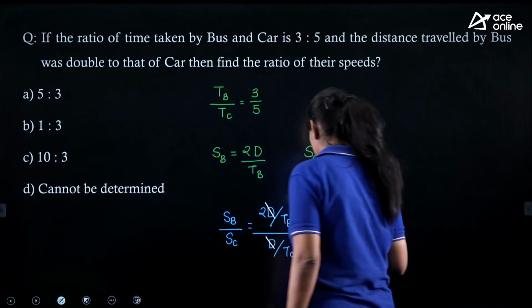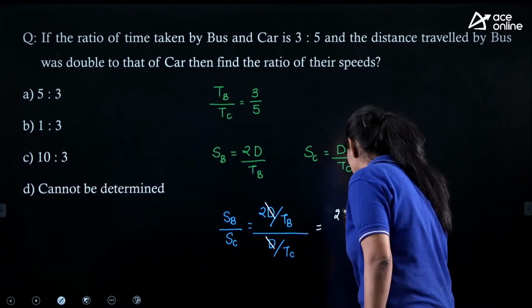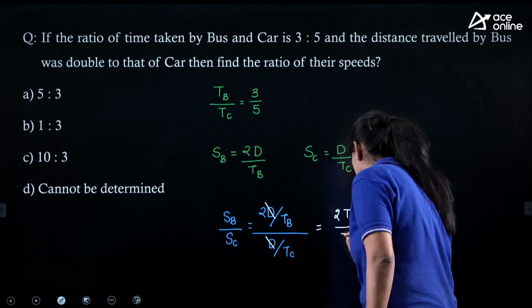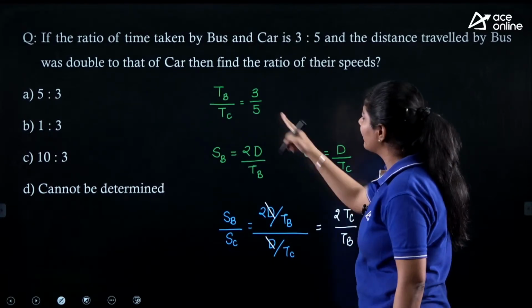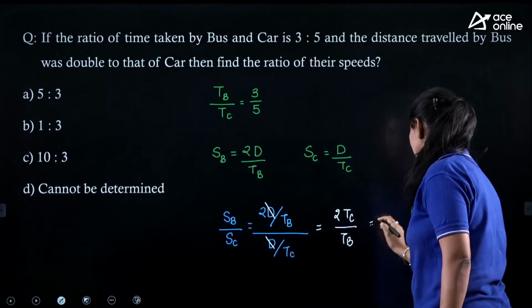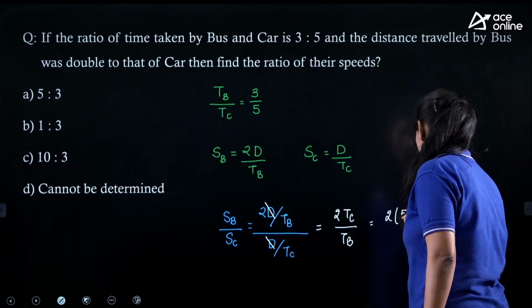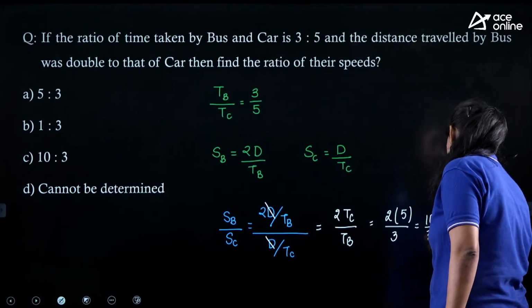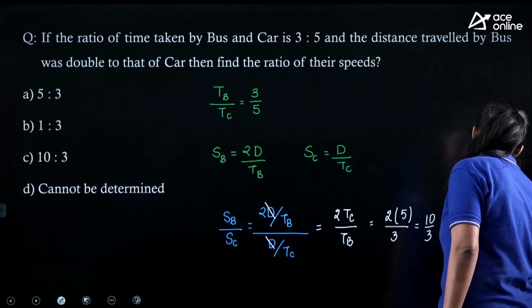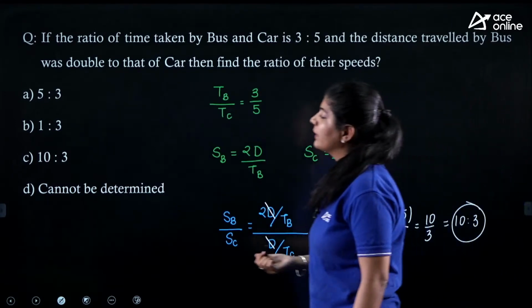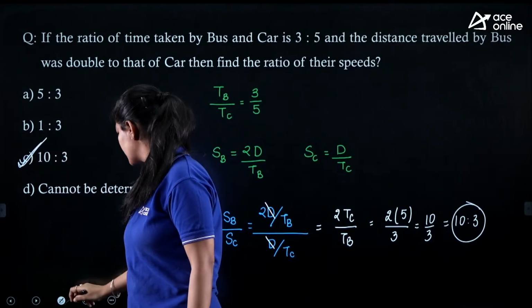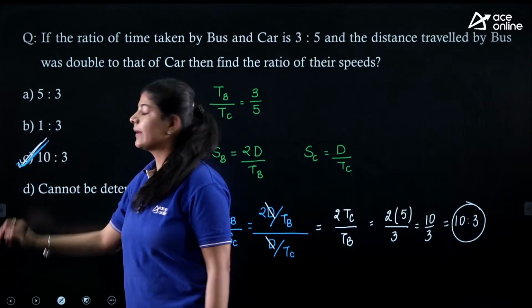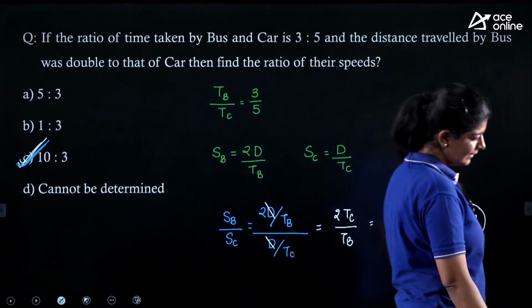And if I solve this, I can write it as twice of TC divided by TB. As I have the values, I can write it as 2 multiplied by 5 divided by 3, and the ratio that I got over here is 10:3. That means your option number C is the correct one.